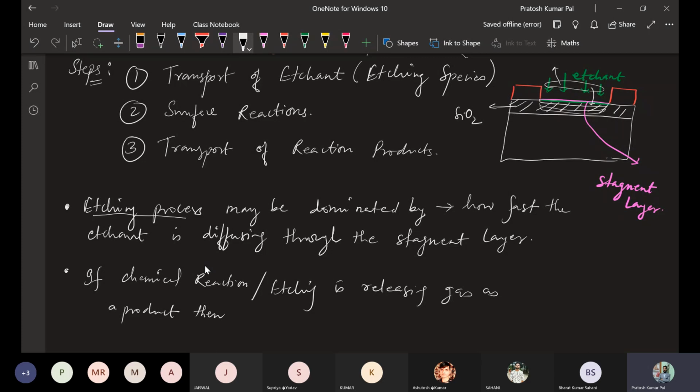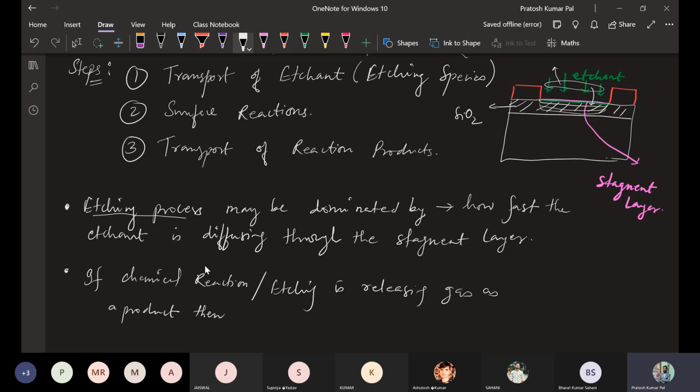In that case, it is forming a stagnant layer of reaction product, so the etching will be diffusion rate dependent.